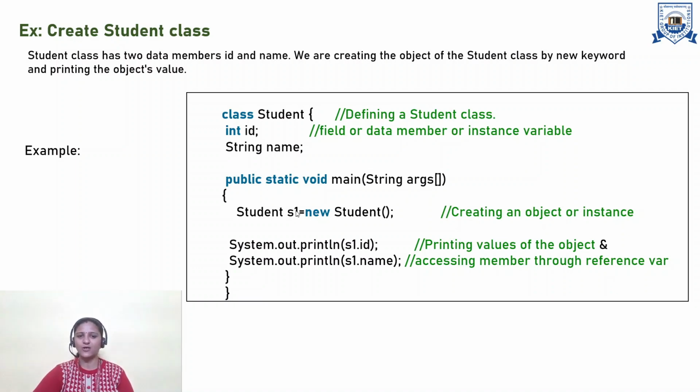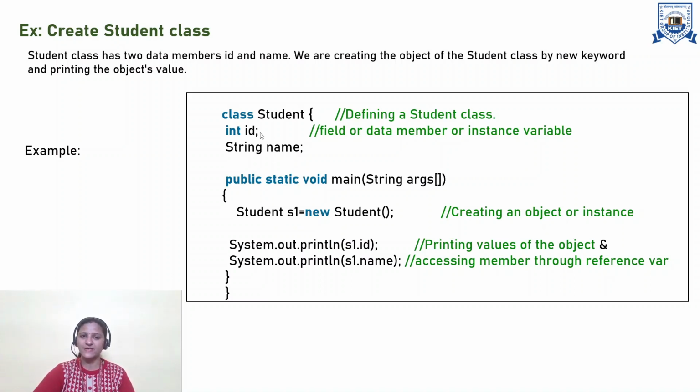So here, s1 is an object. Now, to print the value of what it contains, we use System.out.println(s1.id), because this entire class can be represented by this object, the instance of this class we have prepared. Now s1 has all the authority. As it is an instance or a result of this class, it can access all the members that belong to this class.